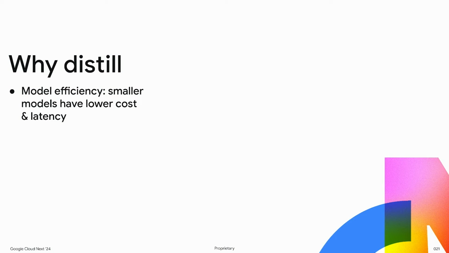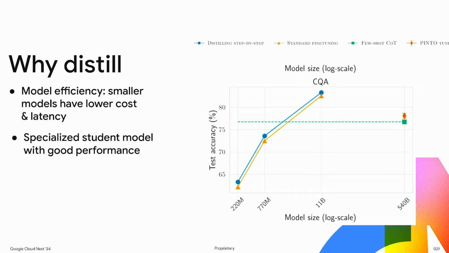So with distillation, you can train a much smaller student model to perform the task with lower cost and better latency. And it can achieve performance on par with the teacher for tasks that it has been trained on. This is the performance benchmarking result included by the paper.